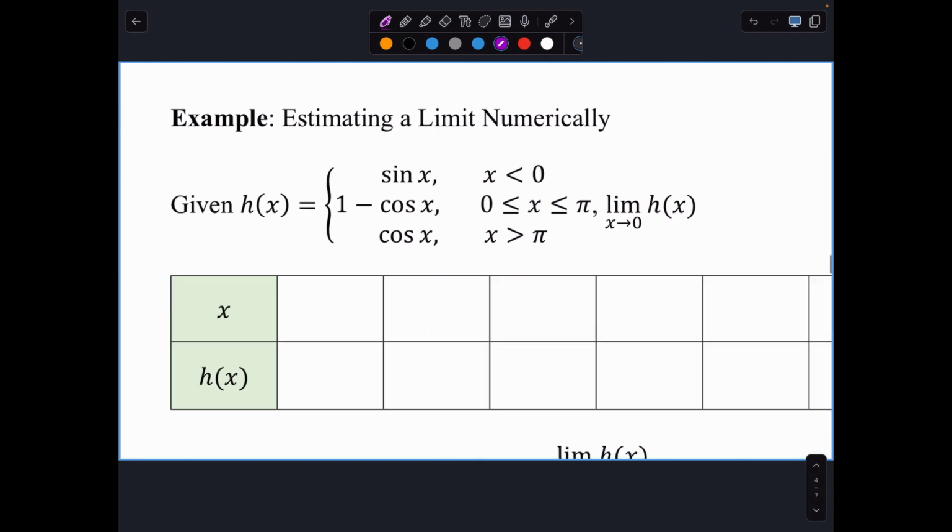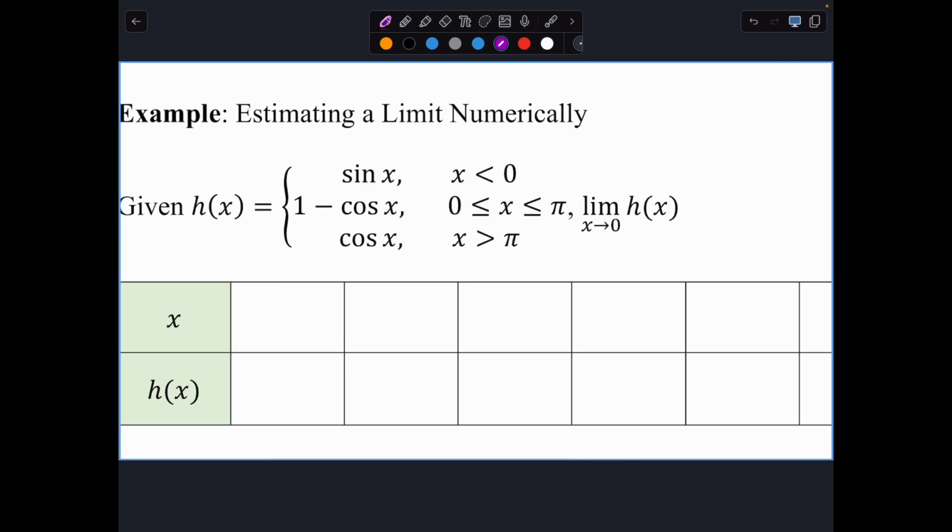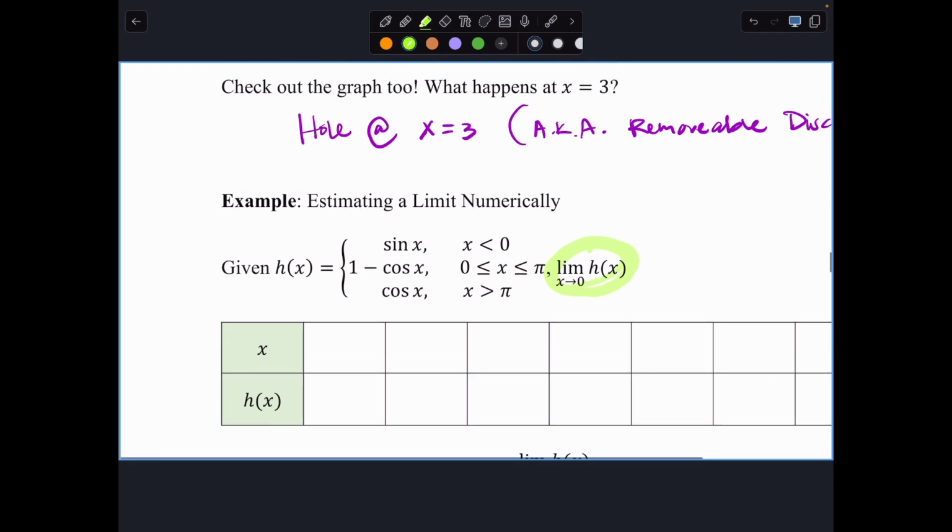Piecewise function. Now, if you remember how to type a piecewise function in, don't our calculators let us type in the piecewise? I forgot about that. Everyone always gets confused here. There's a comma, so the limit we're first trying to estimate is the limit as x approaches 0. So in your y equals, you can either type in each piece there, or you can pull up math, B is piecewise.